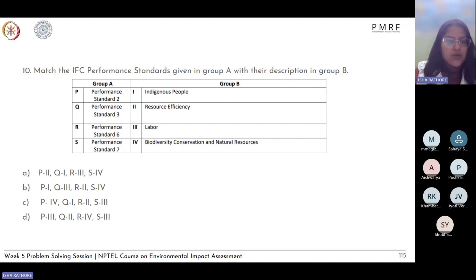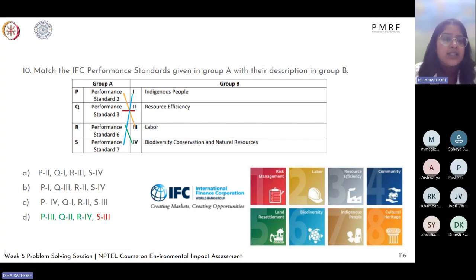All of these performance standards have come up at different stages. Three of them relate to the socioeconomic impact assessment, and one relates to a different topic. So the correct answer is D, that is, performance standard 2 deals with labor, which we looked at in the last question as well.